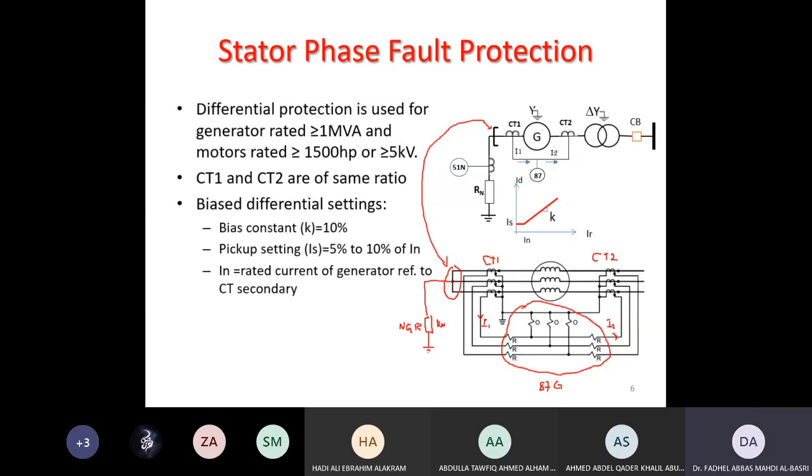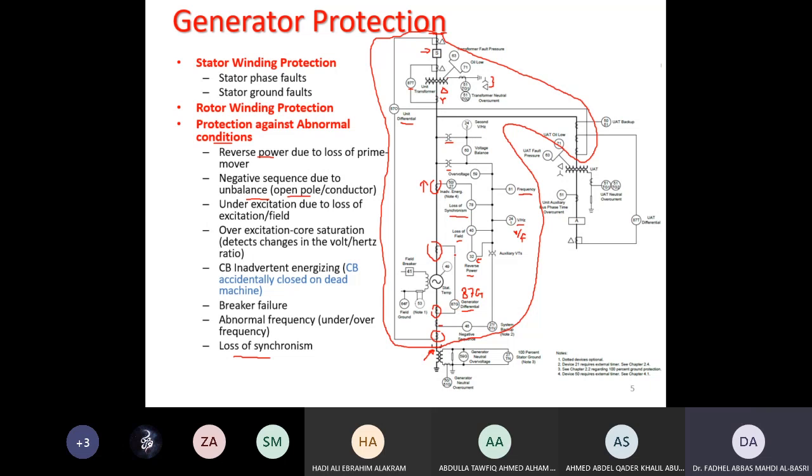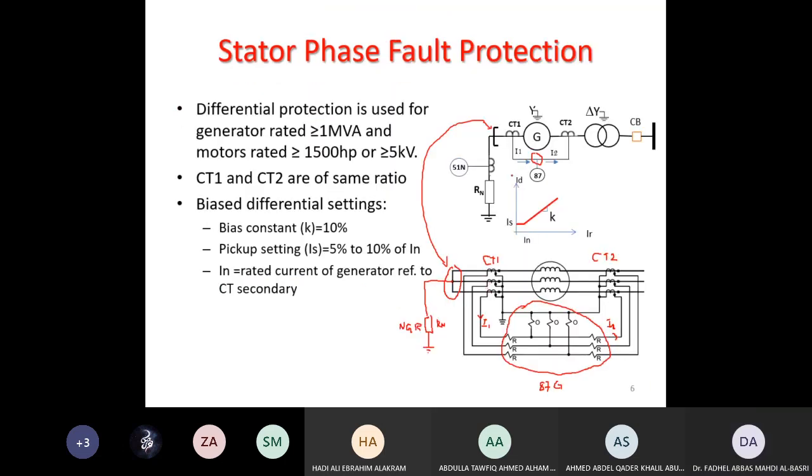Each phase will have the same thing, but I will just focus here on the single line diagram, where they draw the differential like this. So 87G, as I showed you in the single line diagram, is the CT protection to detect ground faults in the generator winding.